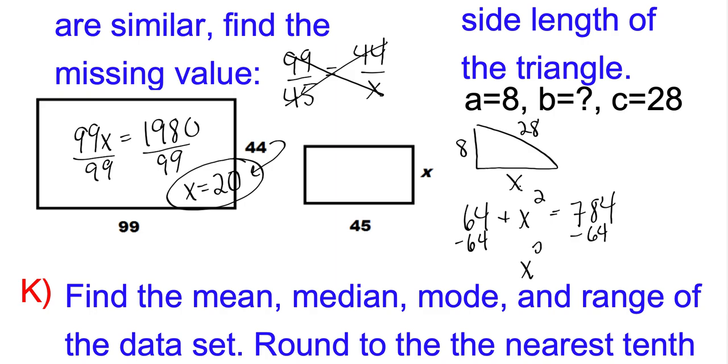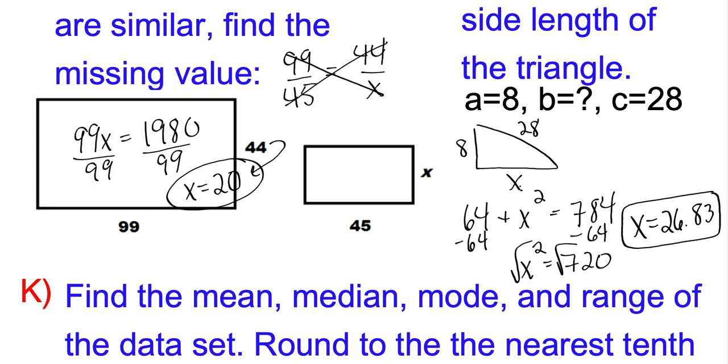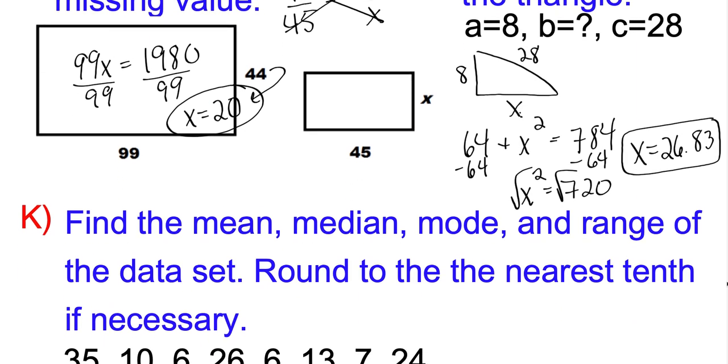So x squared equals 720, and then we have to square root both sides to get rid of that x squared. So we get x equals 26.83. If it doesn't say how many places to round to, go to the second place. That's kind of standard for me in my Algebra 2 classes.